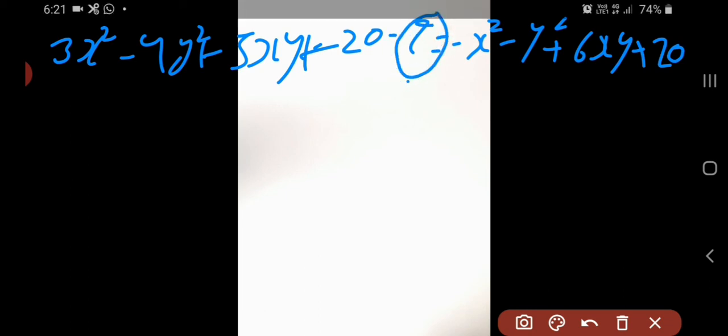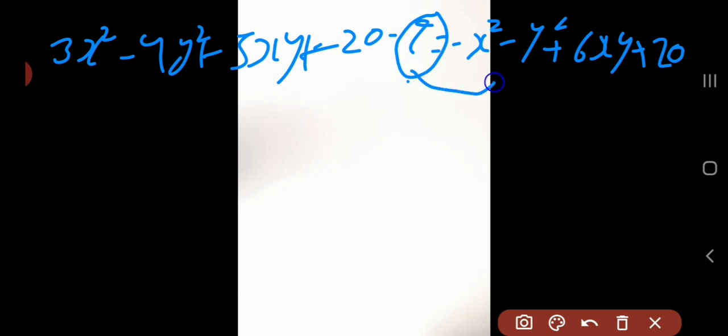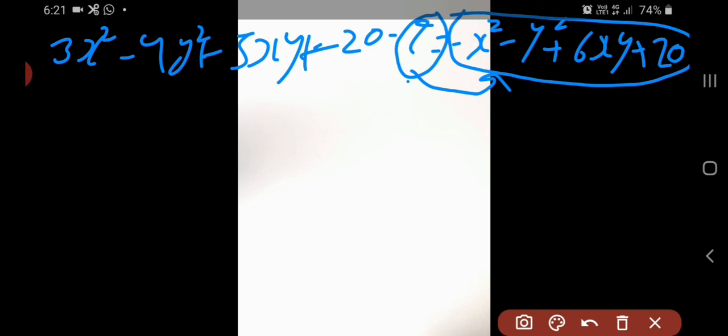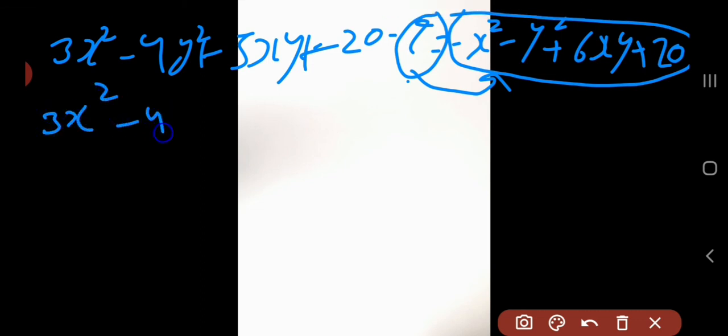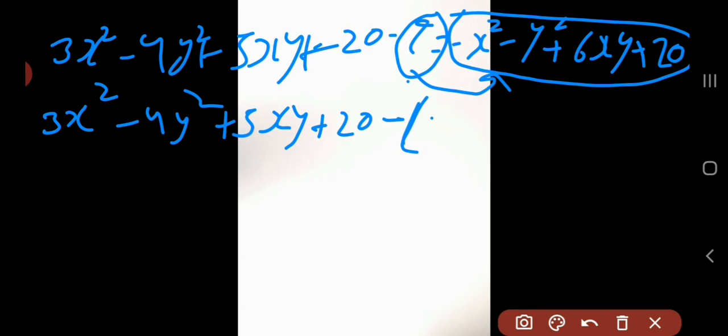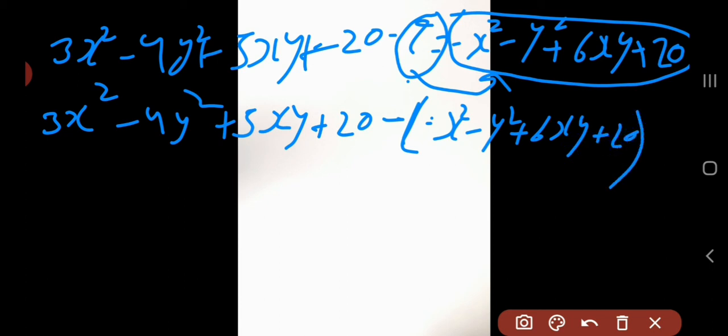So you have to transpose the question mark here and this full expression to the LHS. So 3x square minus 4y square plus 5xy plus 20 minus (minus x square minus y square plus 6xy plus 20) is equal to the question mark.